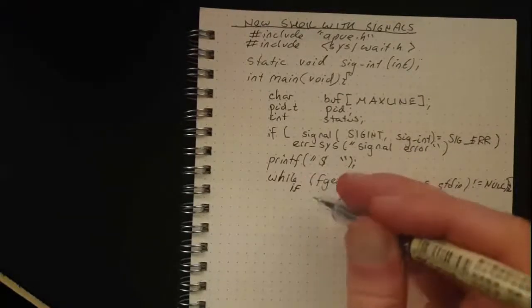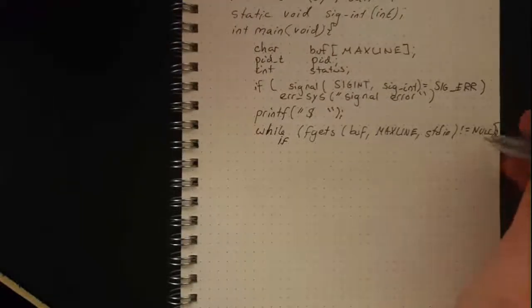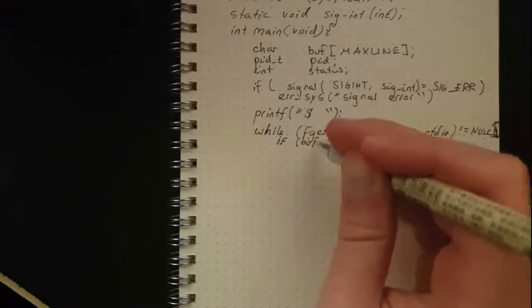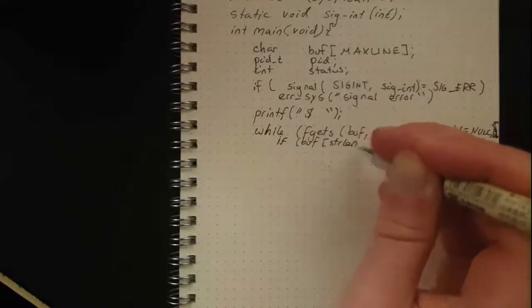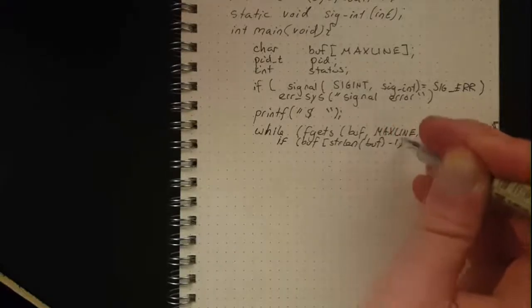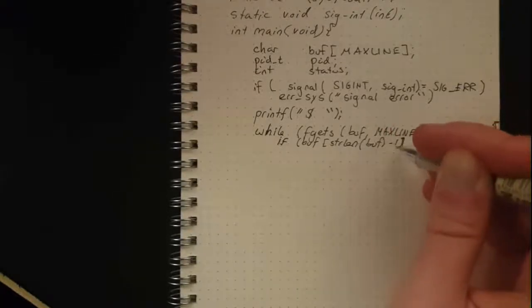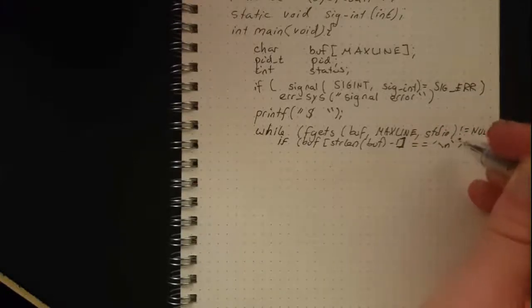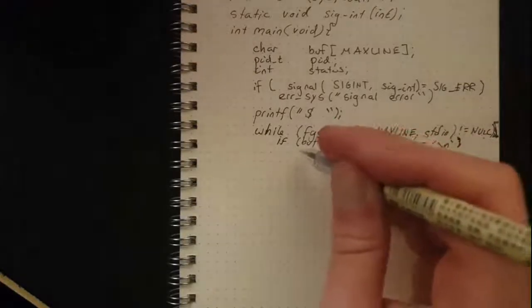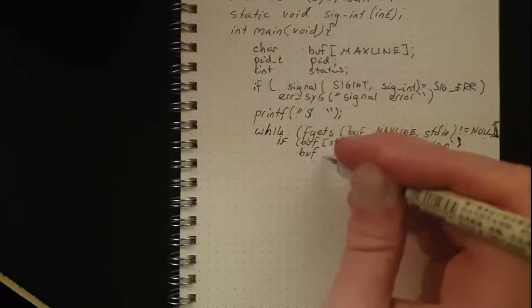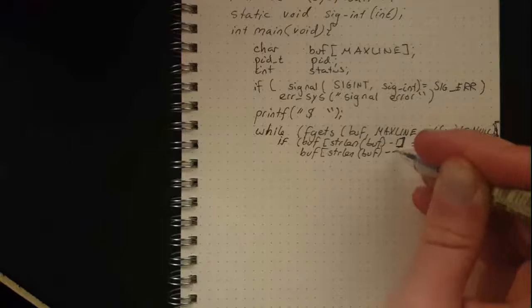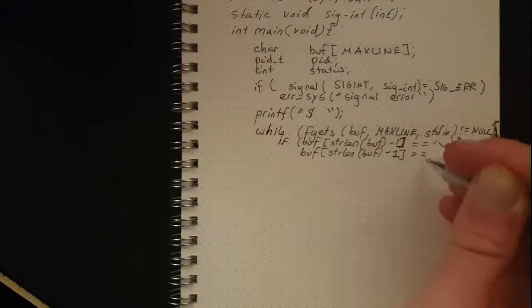If buf[strlen(buf) - 1] equals end of line, then buf[strlen(buf) - 1] equals null.